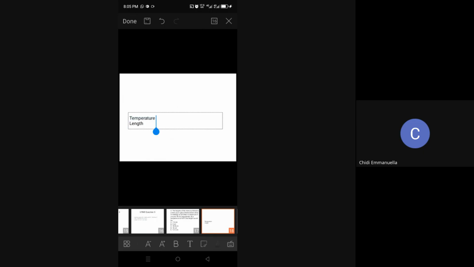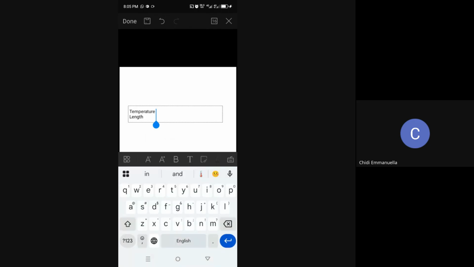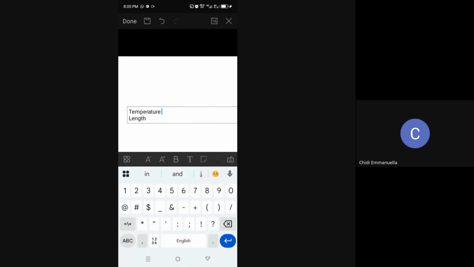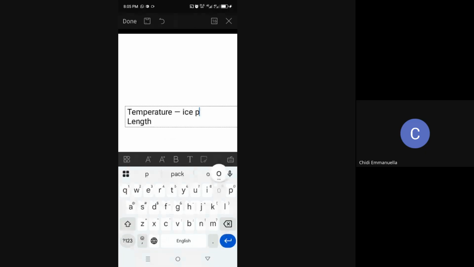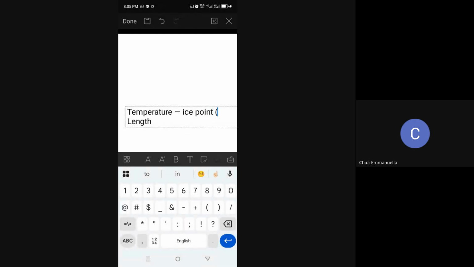Please keep that in mind. Now the temperatures that you were given: you have ice point and steam point. What's your ice point? 0 degrees Celsius. Please don't forget, ice point is always 0 degrees Celsius.